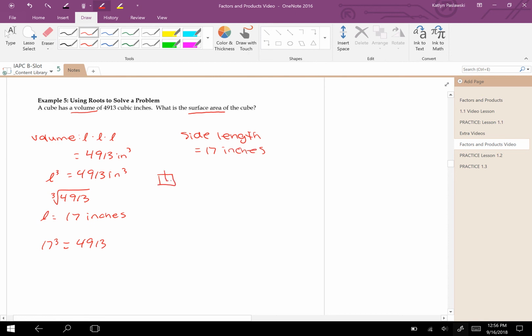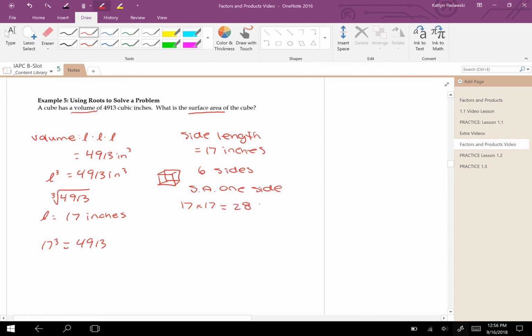So we have a cube. And it has 6 sides, so we need to know that. In order to calculate the surface area, we need to calculate the surface area of one side first. So surface area is length times width, so we have 17 times 17.